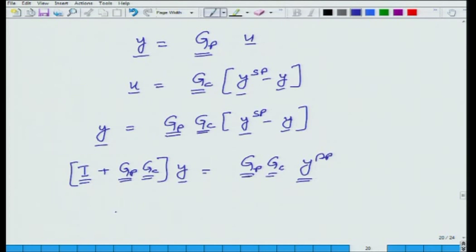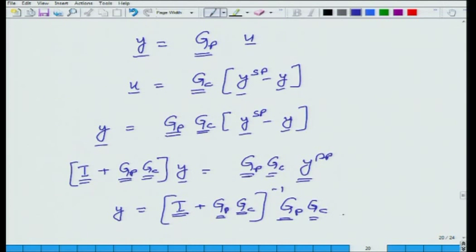Therefore, y is equal to (I plus GP GC) inverse times GP GC times y set point.